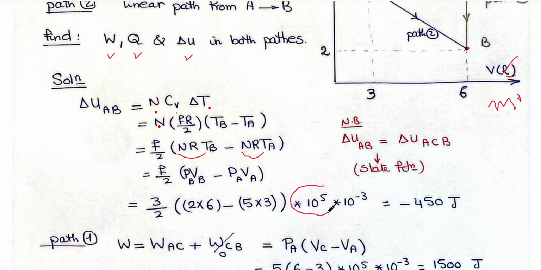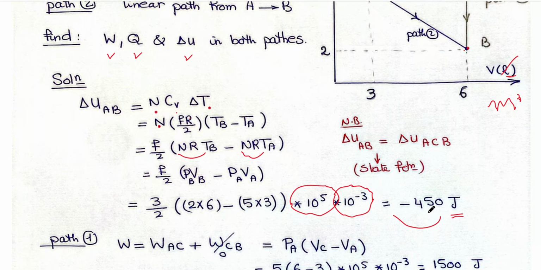Then we will multiply by 10 to the power 5 to convert from atmosphere to Pascal. And we also multiply by 10 to the power negative 3 to convert from liter to meter cube, so as to have the change in internal energy in joules. After substituting, you will find the change in internal energy is negative 450 joules.